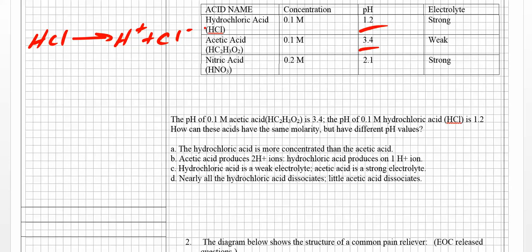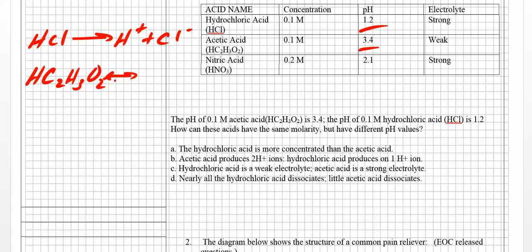But acetic acid is a weak acid, which means that if you take the acetic acid, and the formula given to us for acetic acid is this right here, HC2H3O2, it does not dissociate completely.